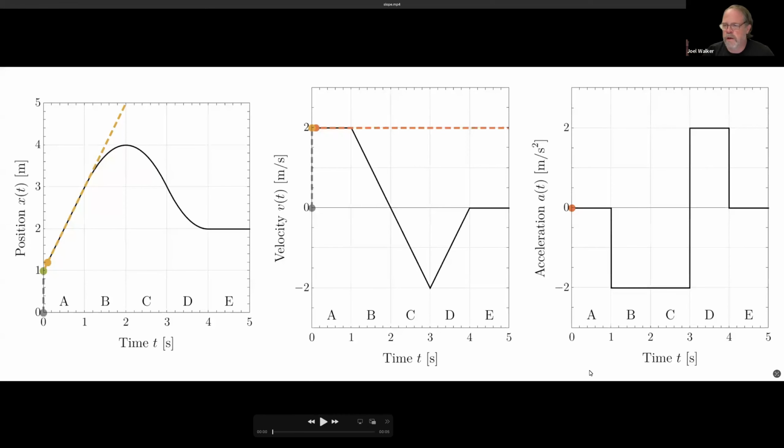Acceleration, likewise, is a change in velocity. Velocity, meters per second, changing per time, per second, meters per second, or as it's commonly said, meters per second squared.